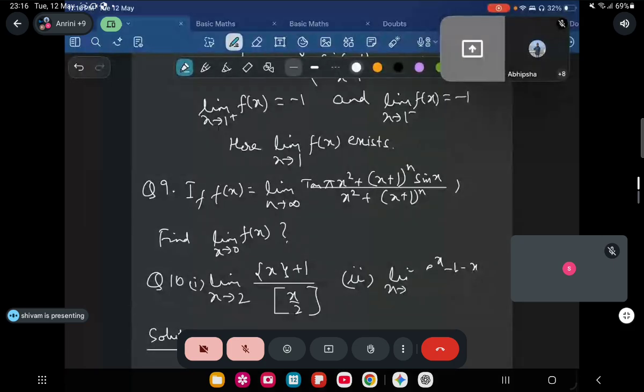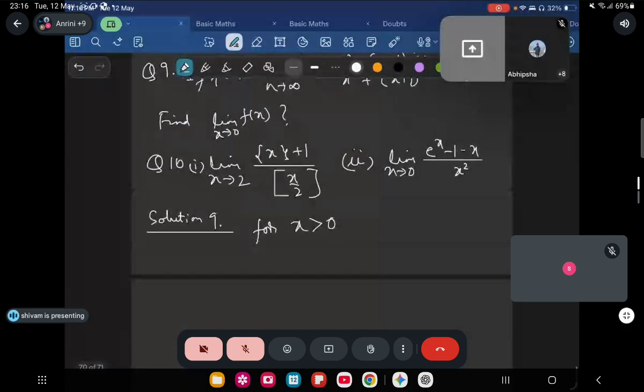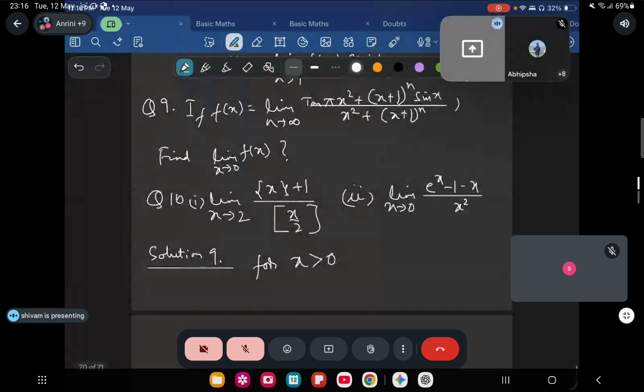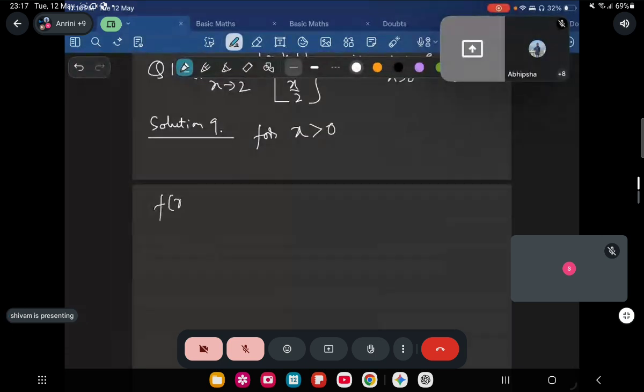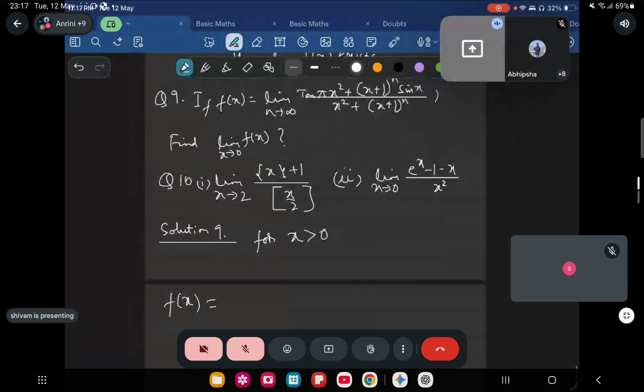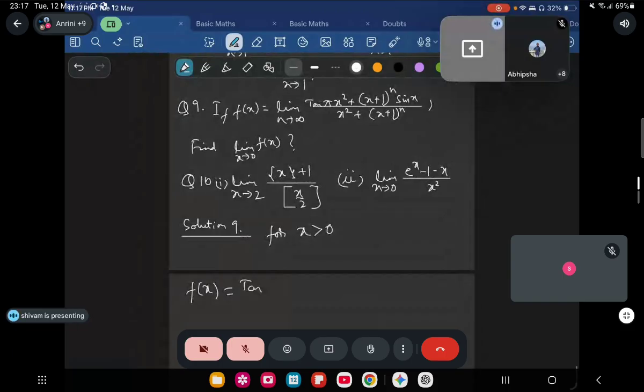f of x will be equal to, so we have to divide by (x plus 1) whole to the power n. f of x will be equal to (tan pi x squared upon (x plus 1) whole to the power n, plus sin x) divided by (x squared upon (x plus 1) whole to the power n, plus 1).